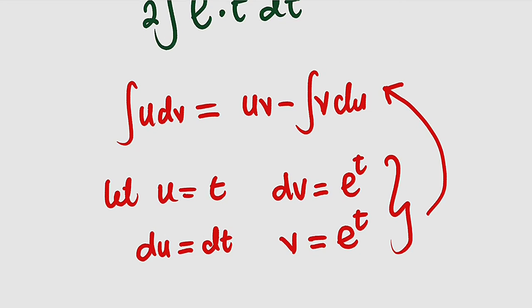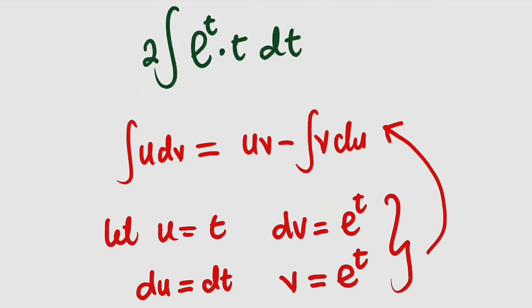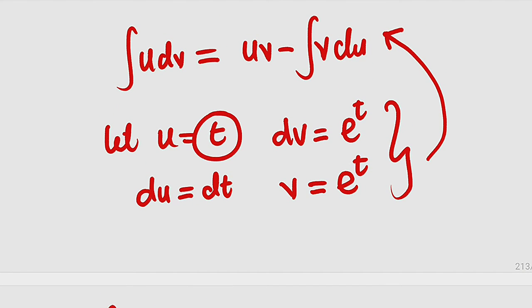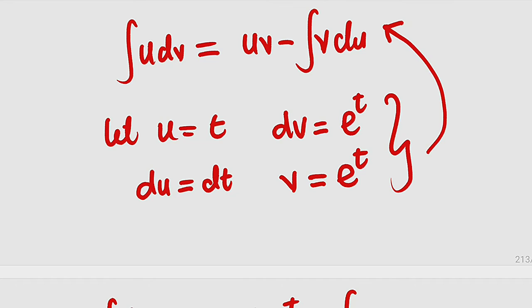Integral of u dv, that is 2 multiplied by, what do we have? E to the t times t dt is equal to uv. U is t and v is e to the t. So we have t times e to the t, then minus the integral of v du.